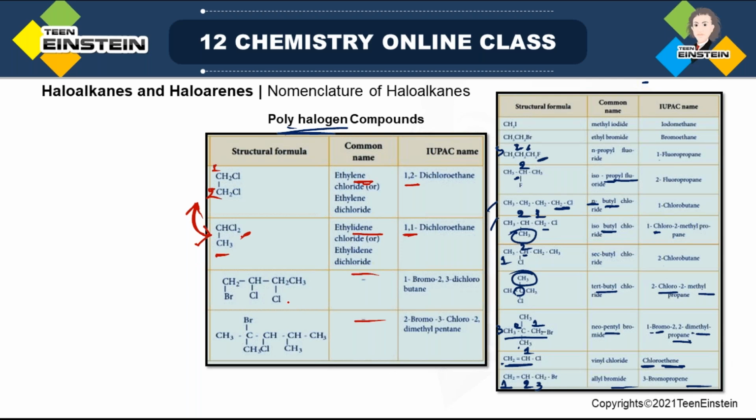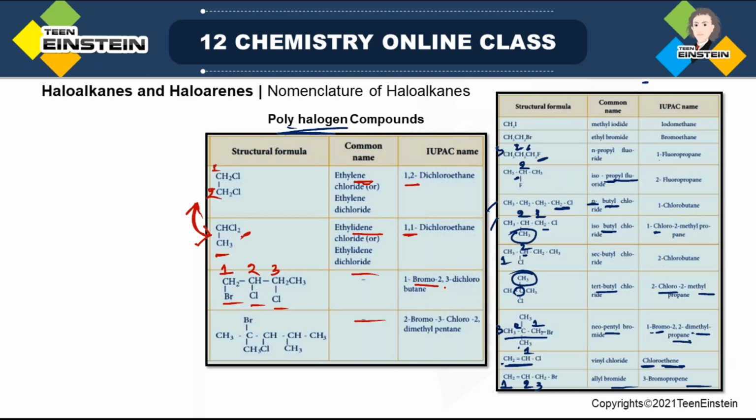And for the IUPAC name, the total number of carbons is 4, and numbering should start from this carbon, because among these two types of halogen, chlorine and bromine, which one has the higher atomic mass? Bromine has the higher atomic mass compared to chlorine. So that is why preference in numbering is given towards bromine. This is 1, then 2 and 3. So when you write the name, whatever the position of bromine, it is true that here it is 1, but don't think that we have written bromo first because its position is 1.